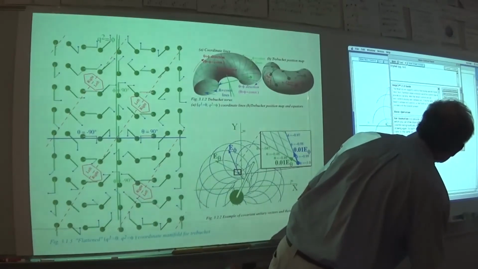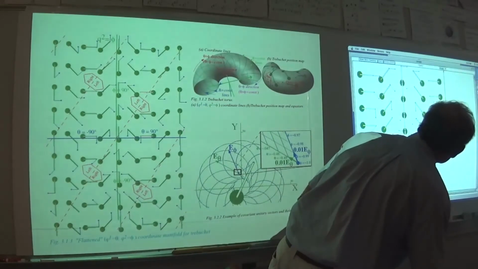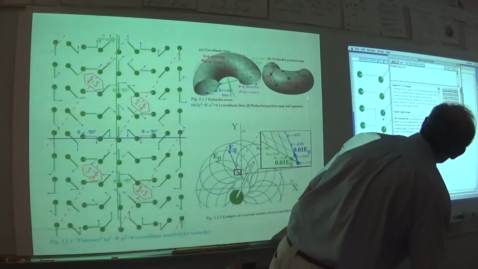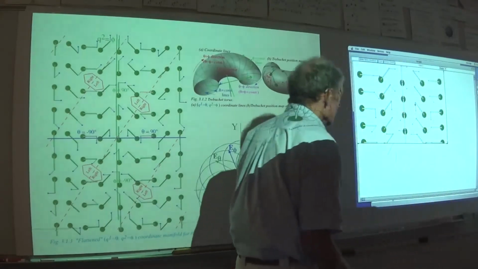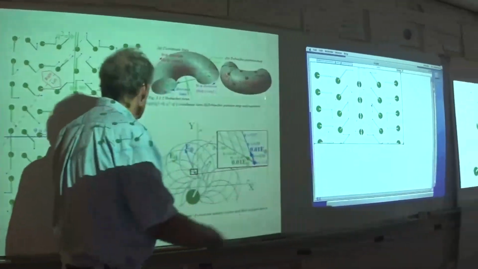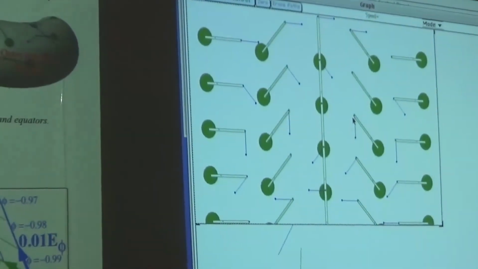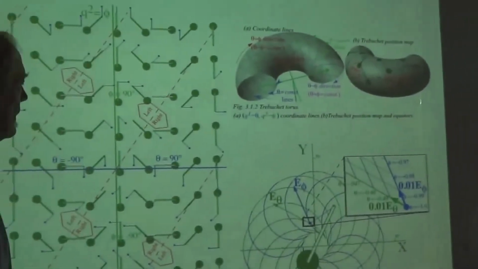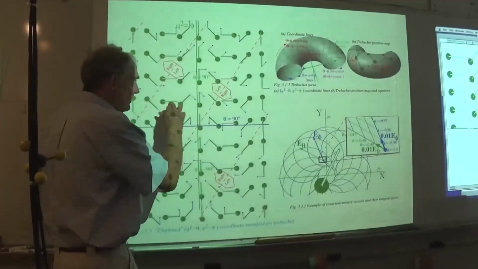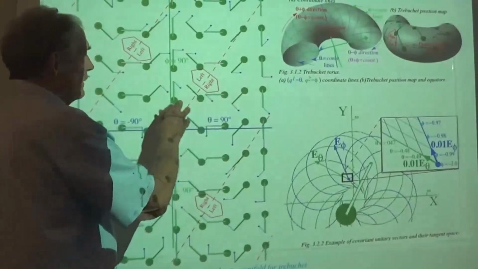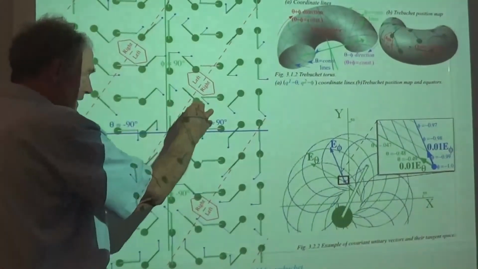And you see, if I've got that position space close, there's the position space, just with all of them laid out. This one is a little finer, there's a lot more trebuchets in there, but you can see all along this line, the angle phi is constant.